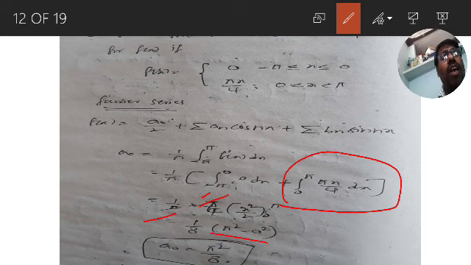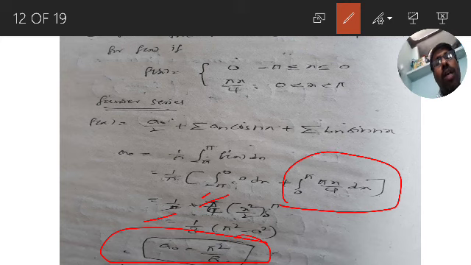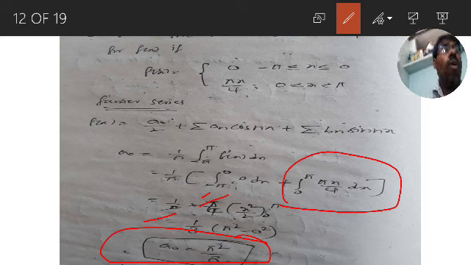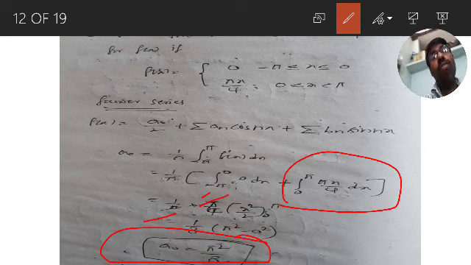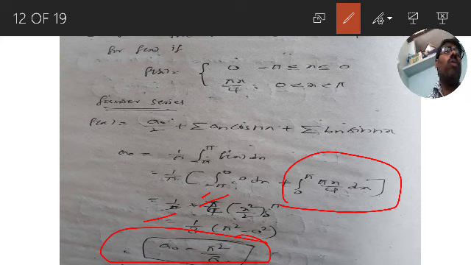So what is the a naught value? A naught value is pi square by 8. So now we are able to find a naught. What do we need to find now? a naught, a n and b n values. Here we got a naught equal to pi square by 8. Now let us find a n and b n also.